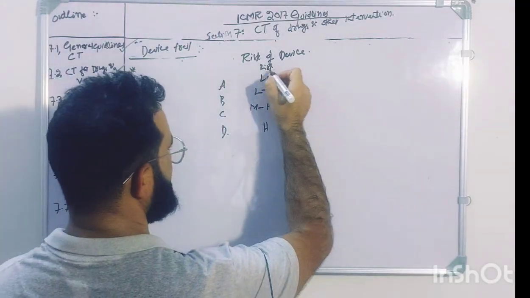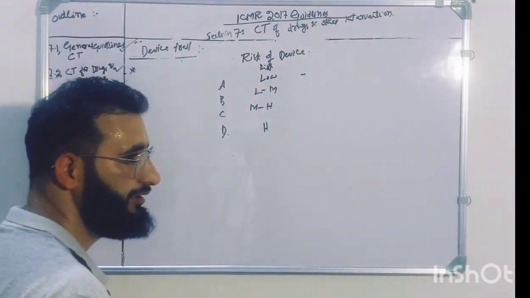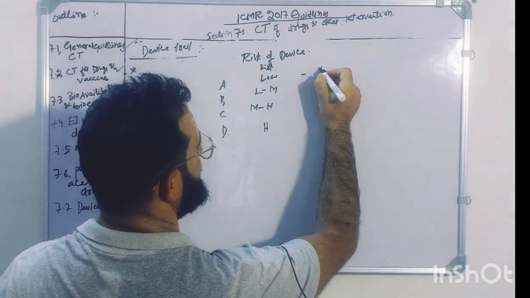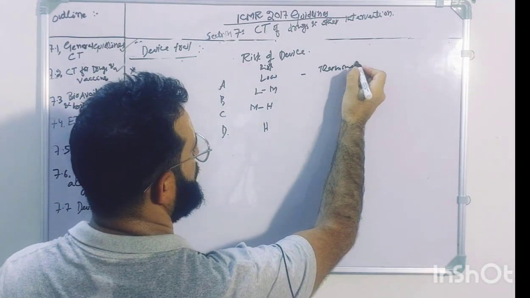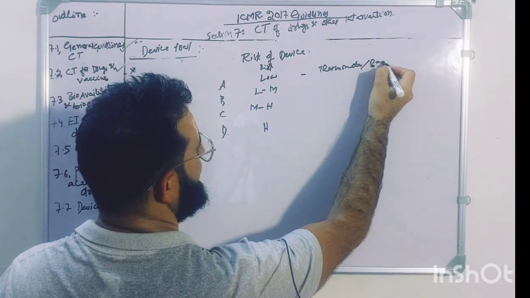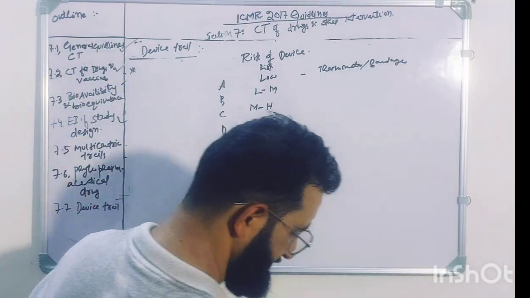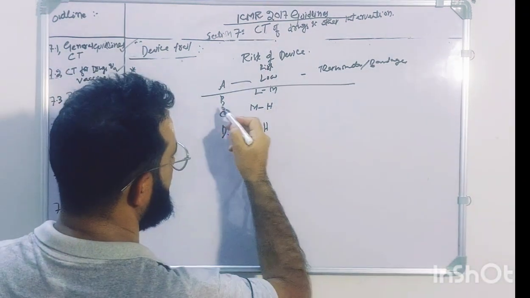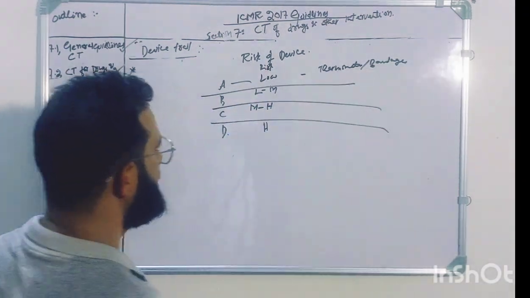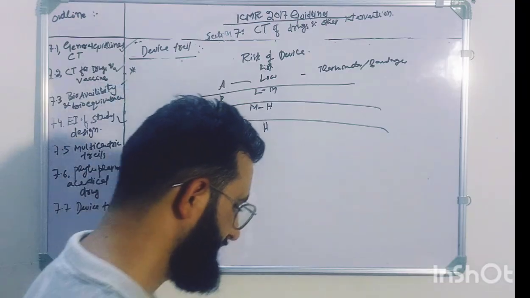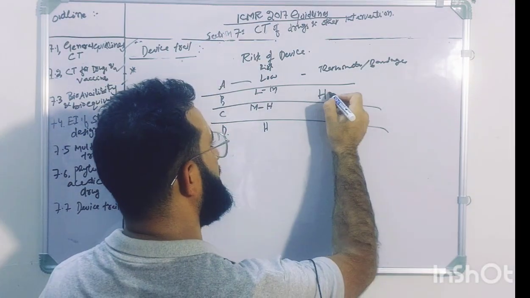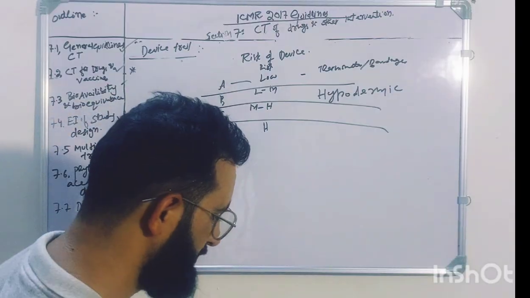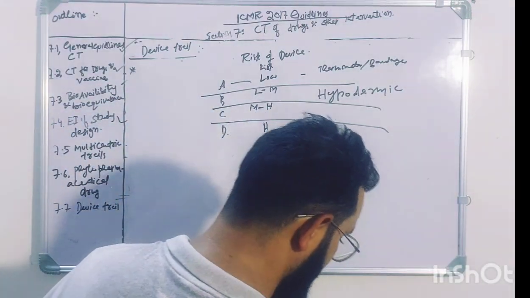And if you look at the examples here, class A medical devices are like what? Thermometer, bandages, tongue depressors. This is class A. Then class B is like hypodermic needles or suction pumps, or we can say suction equipment.